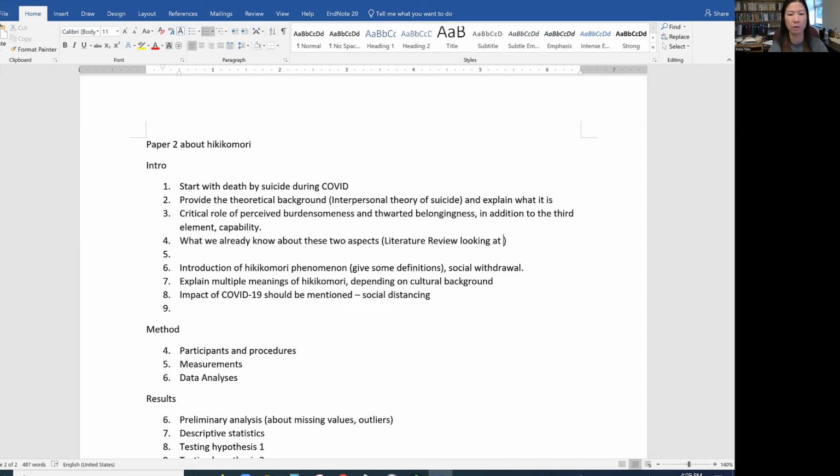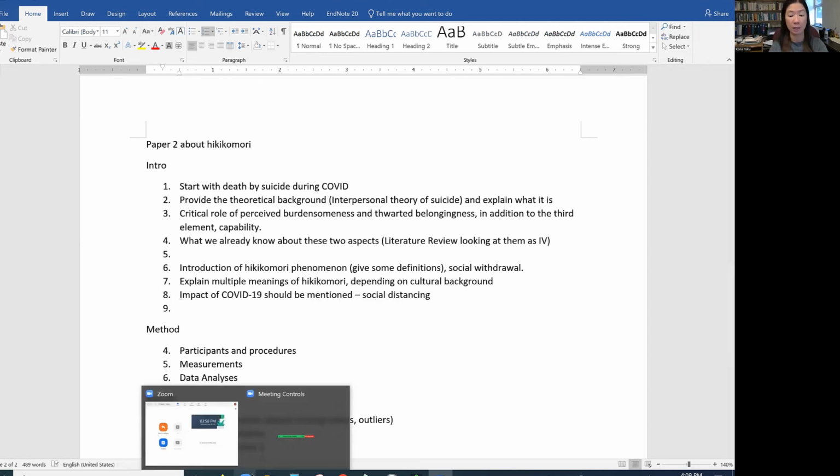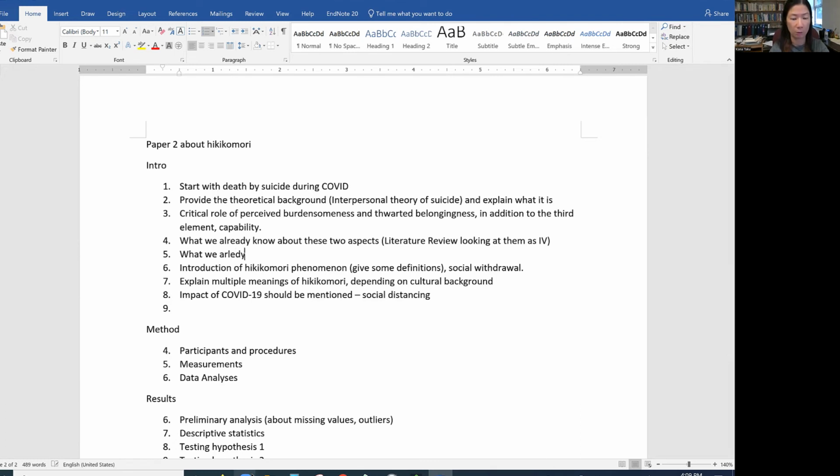So the literature review looks at them as independent variables, because that way I can use another paragraph for what we already know about these two aspects. That's number two, because number one is the literature review looking at them as independent variables.